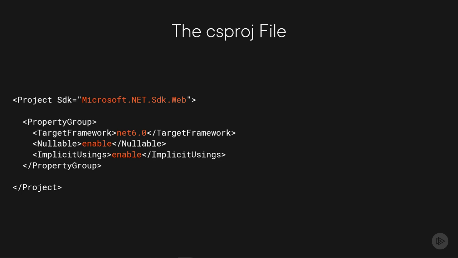All ASP.NET Core templates will also generate a CSProj file, so a project file. Each .NET 6 project has a project file, and that contains vital project information. First, the project SDK is set to Microsoft.NET.Sdk.Web, and that is in fact already giving us some advantages.